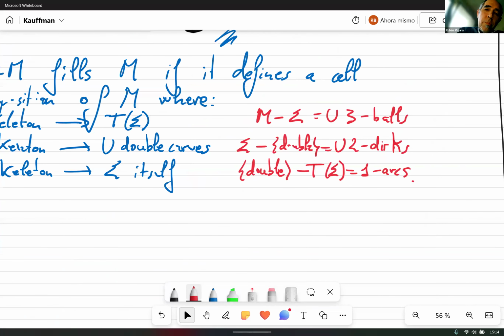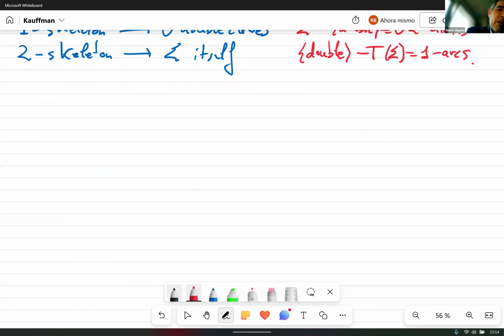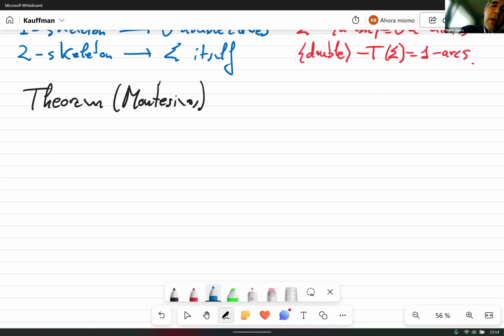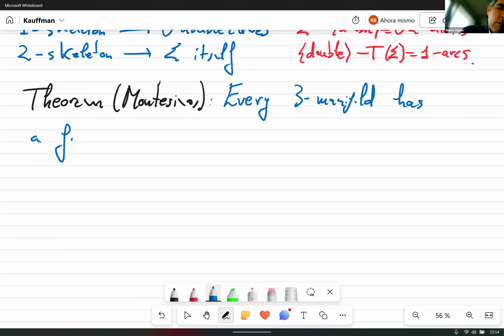Okay, so our interest in filling dense surfaces is because of the following theorem by Montesinos, that says that every three-manifold has a filling dense sphere.